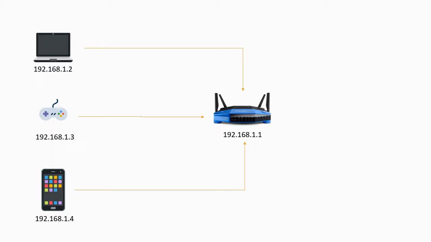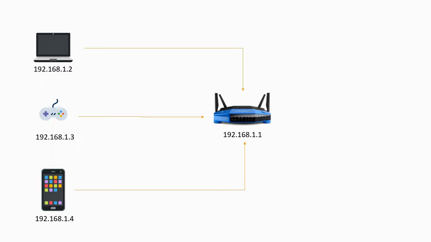Let us see an example. Here's a typical home network. We have John's laptop, we have John's PlayStation, and we have John's iPhone. All these three devices are connected to our home router.